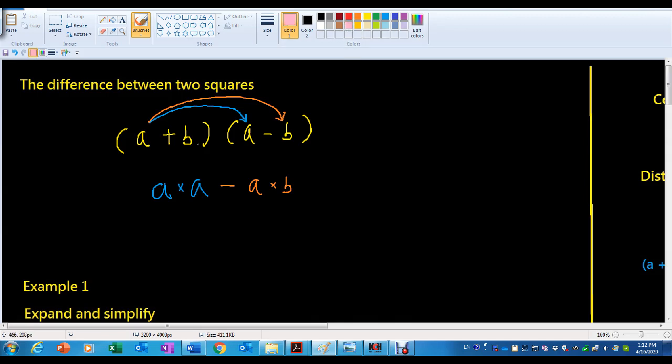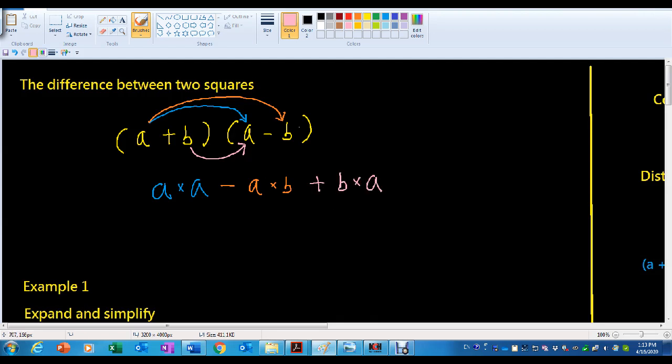Our third term is I. I means inner: the second term of the first bracket times the first term of the second bracket. That's positive b times a, and both are positive, so we get positive b times a.